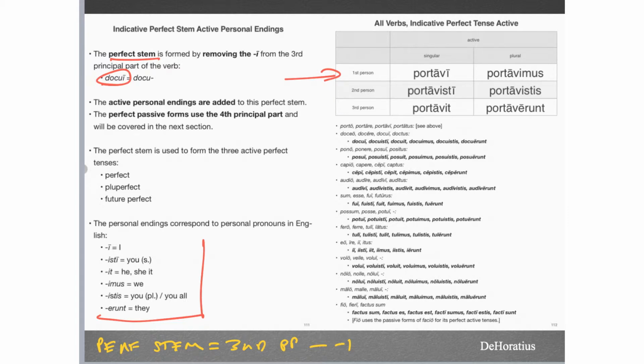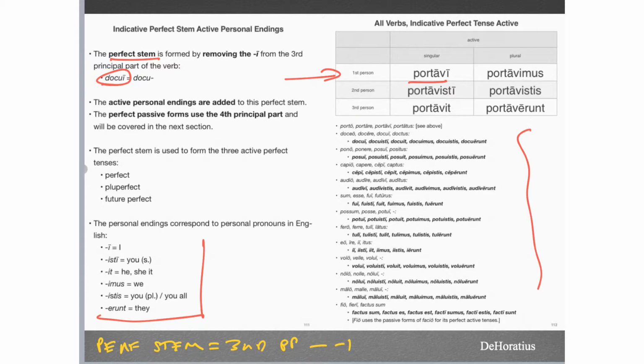Portavi is that third principal part. We take off the I, and we add the ending: portavi, portavisti, portavit, portavimus, portavistis, portaverunt. And you've got all your other verbs done here. Since it's very regular, since it all works the same, they don't each get their own grid. And that includes irregulars.